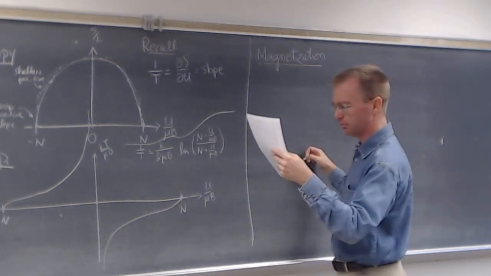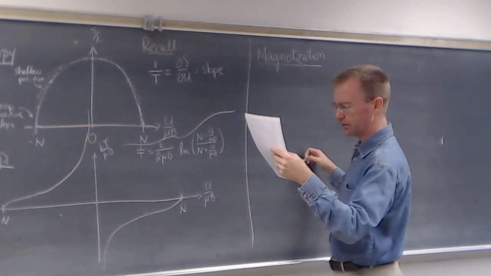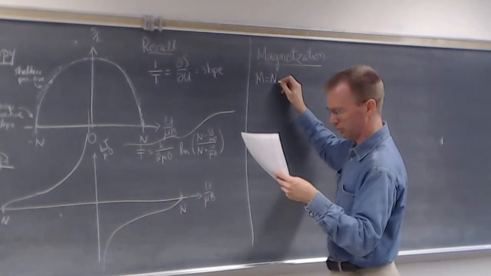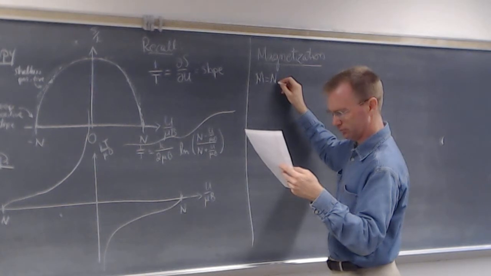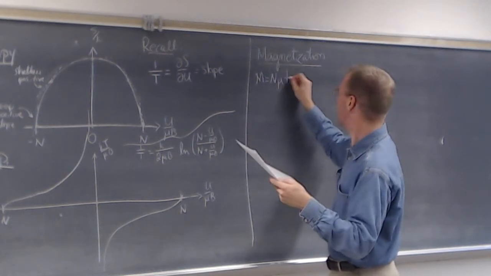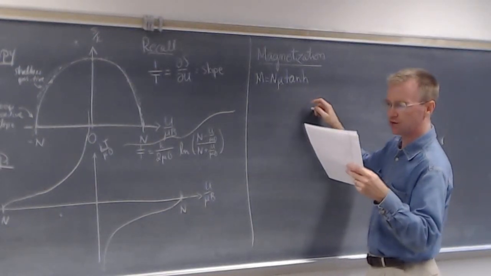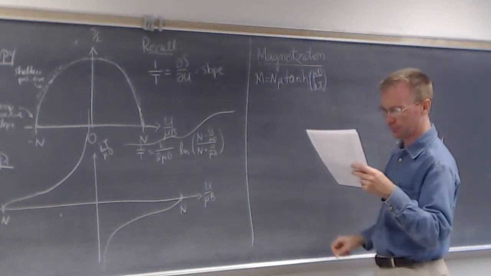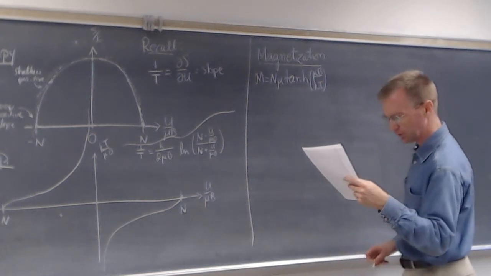So magnetization, let's see, is N mu tanh of mu B over kT. Okay.